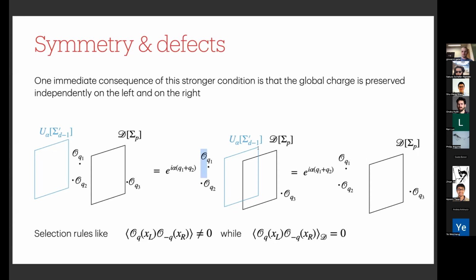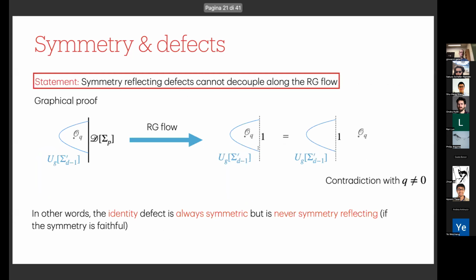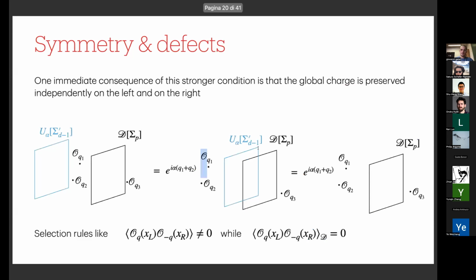Thank you. Okay, can I ask more questions? Yes. Can you explain again why the notion of symmetry reflecting only happens when the dimension of the symmetry operator and the defect are the same?